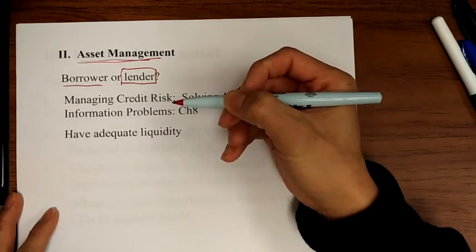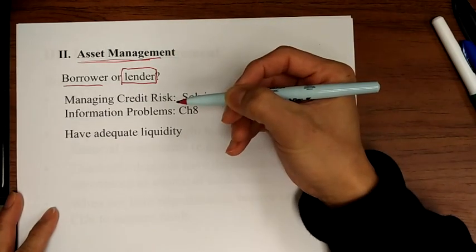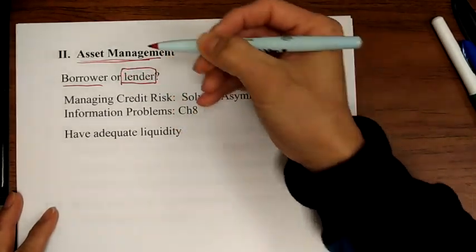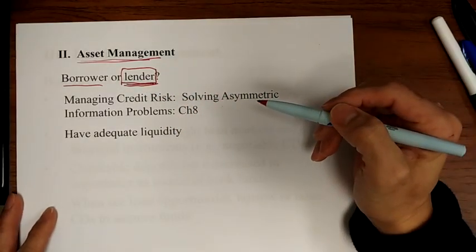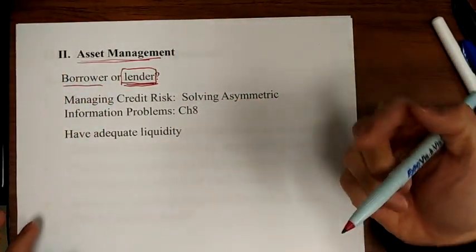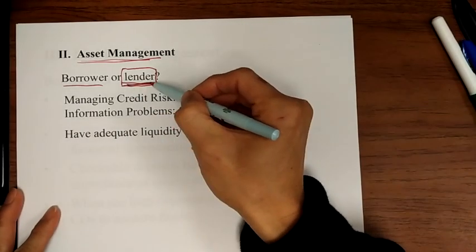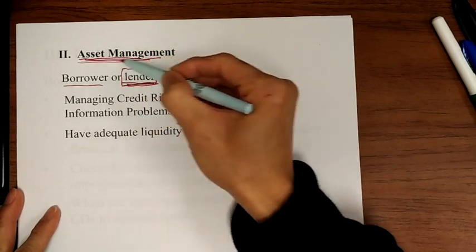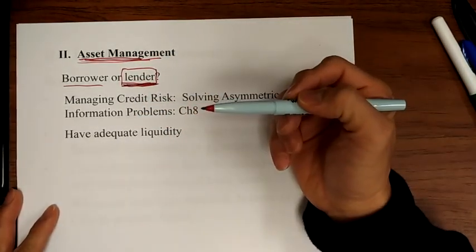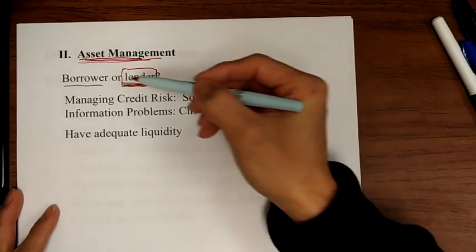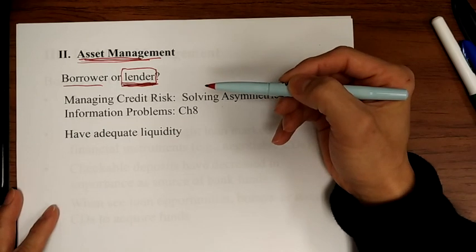You're buying a piece of paper and giving the money to people. So you're buying the assets by paying money. Therefore, you are lending out your money to get that piece of paper, like CDs. Therefore, if you are an asset manager for a bank, you are a lender, on the lender side of the financial market.